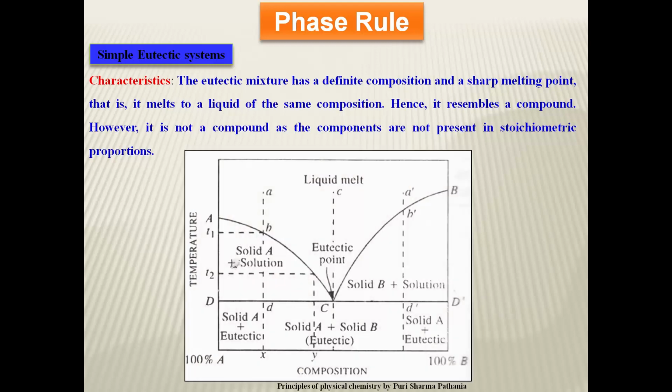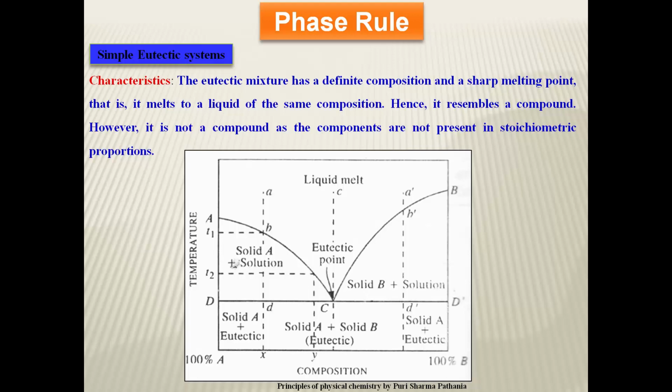Now, this is the phase diagram of a simple eutectic mixture. As I told you in the one component system, it was very important to visualize the one component water system. Here, from the eutectic point of view, we'll discuss this phase diagram in detail.